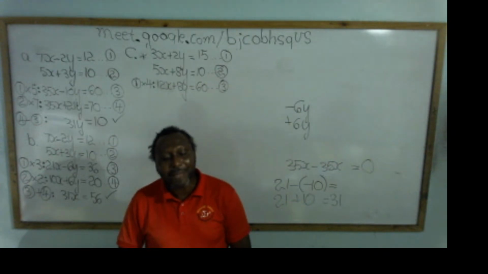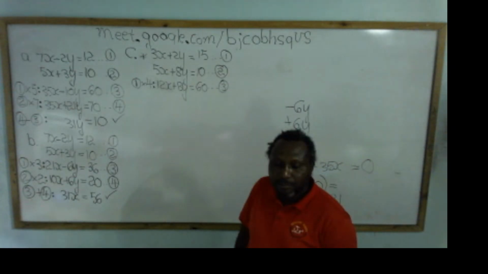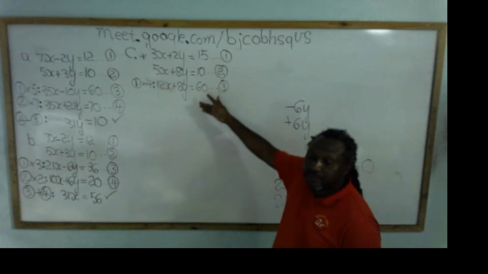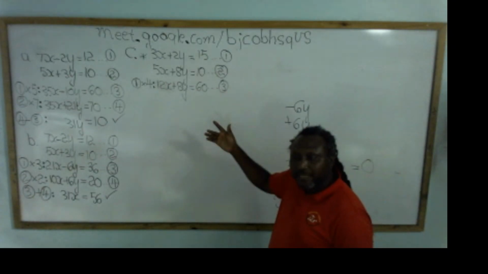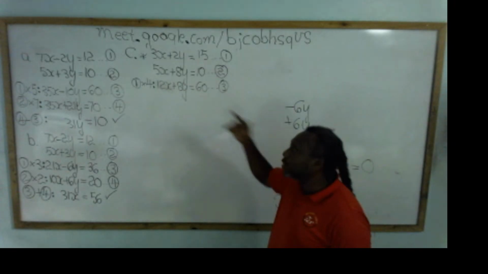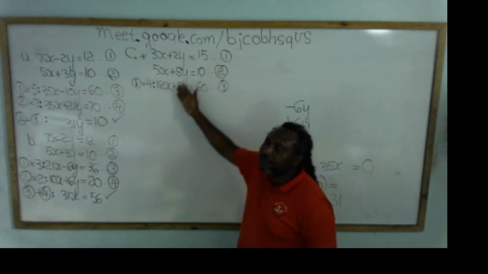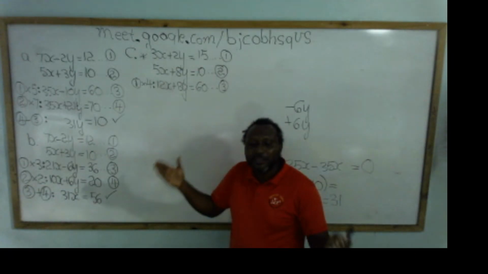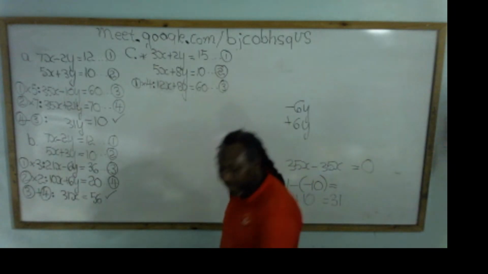And by all means, multiply by numbers that you see there. But I'm now demonstrating to you that you don't even have to multiply by a number that is there. Your objective is to get the coefficients of x or the coefficients of y to be either the same or additive inverses.